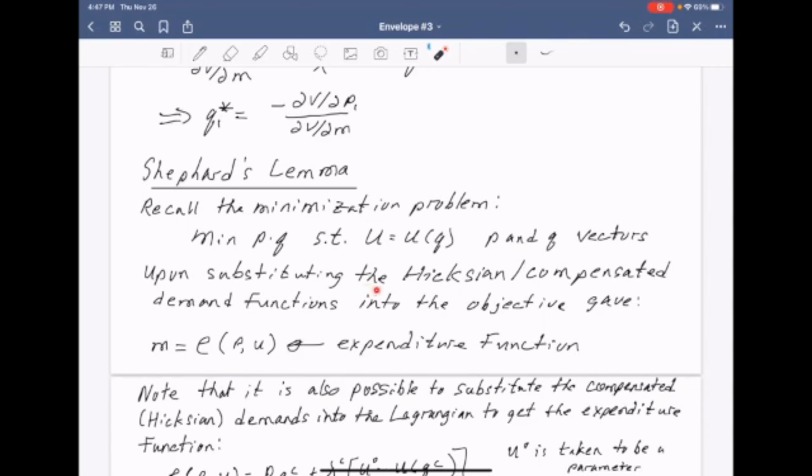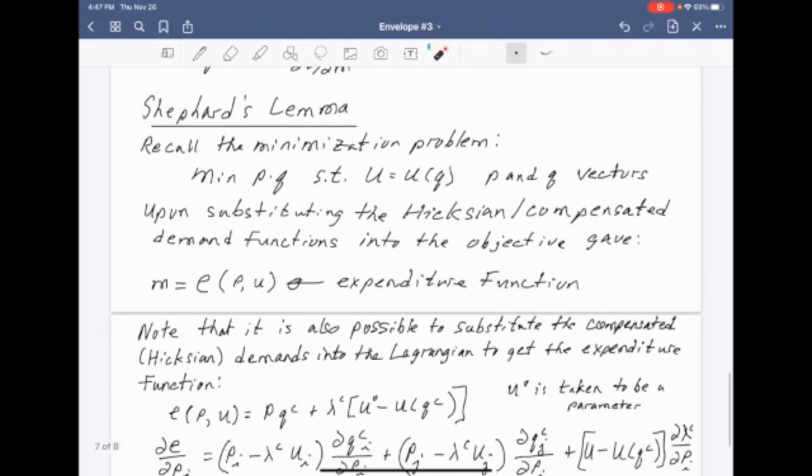Upon substituting the Hicksian compensated demand functions that we derive when we do this minimization subject to a particular indifference curve, if we plug those back into the objective, we get that M is a function of P and U, and we call that function E because it's the expenditure function.